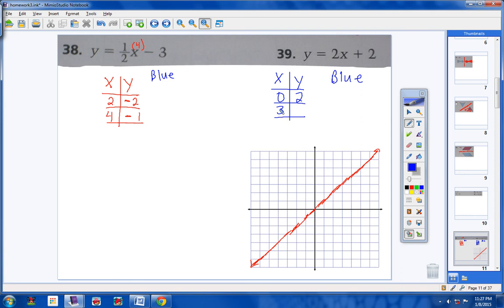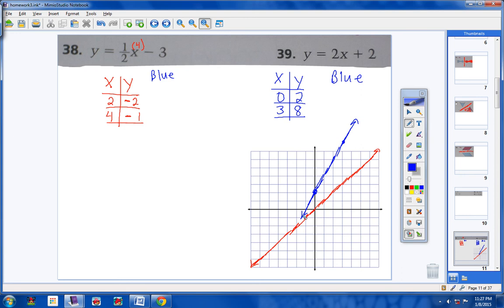So one point is 0, 2, and the other one is 3, 8. Right here. Okay, so I'm going to go ahead and draw that line. Like that, okay?